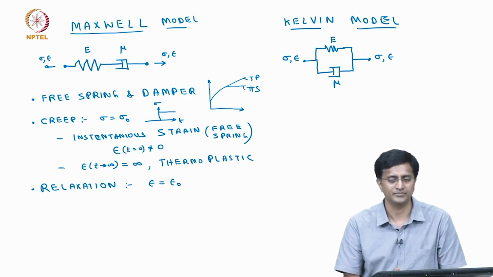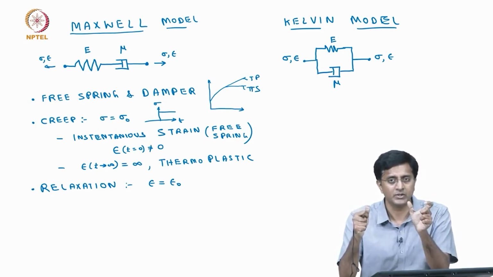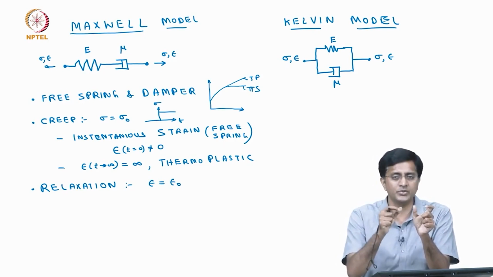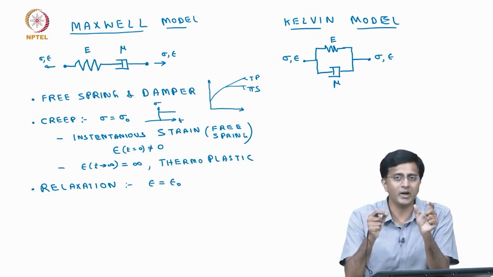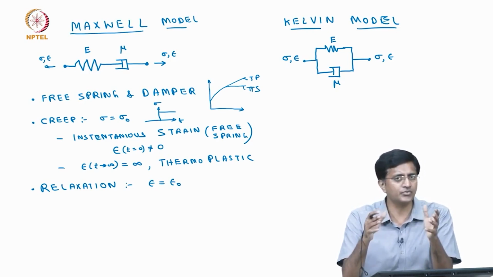If we wait for a long time, we said the instantaneous deformation is because of the spring, but this damper will give back all the deformation to the spring, which means the spring will go back to its initial state. When the spring goes back to the initial state, the damper is also free to move.